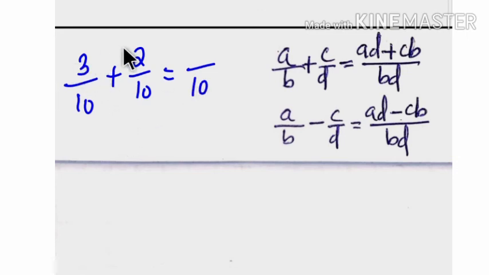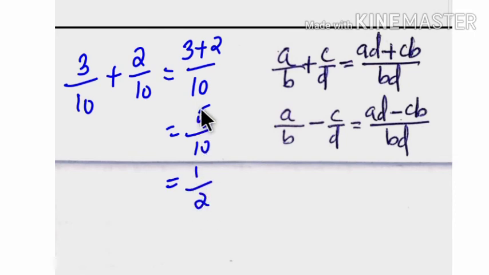Now add the numerators: 3 plus 2 is 5, so 5 by 10. This is the answer, and we can further reduce this fraction. 5 by 10 is 1 by 2, because 5 is common in both numerator and denominator. 5 divided by 5 is 1, and 10 by 5 is 2.